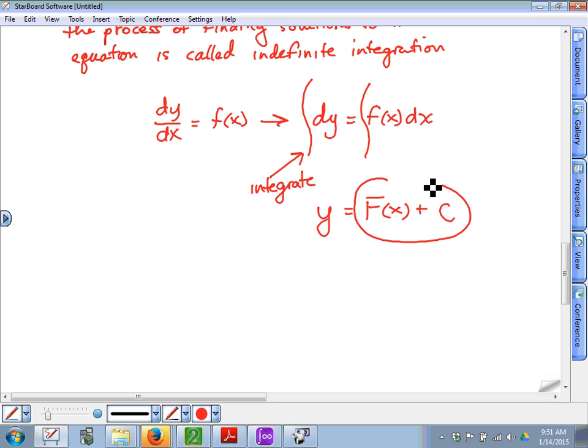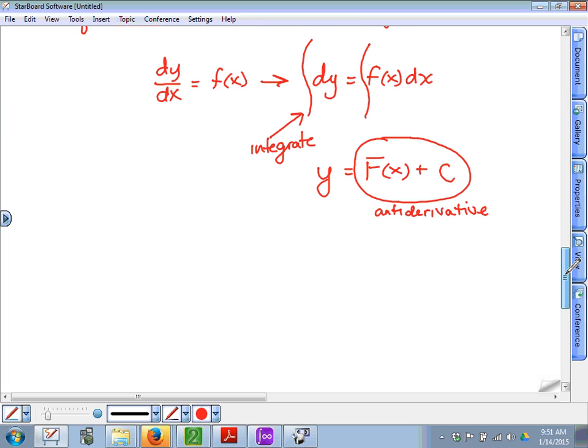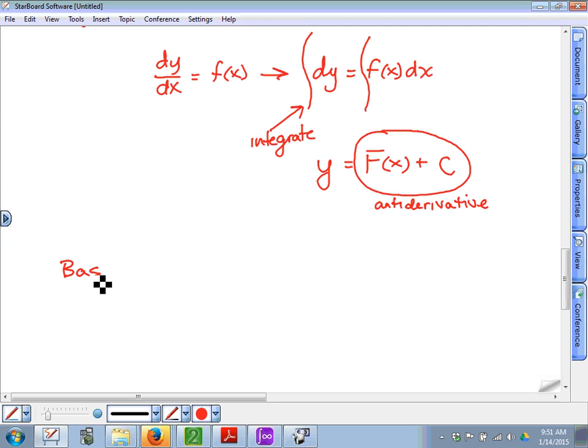What is this called? The general solution to a differential equation, yes, but it's also an antiderivative. What's the process called? Indefinite integration. Okay. So here's some basic integration rules.